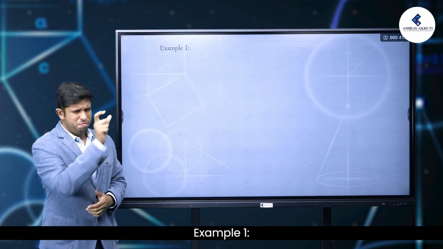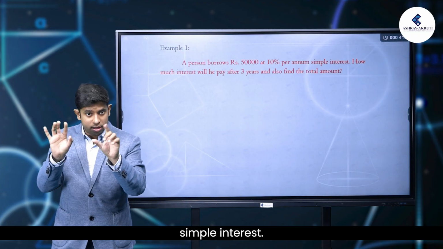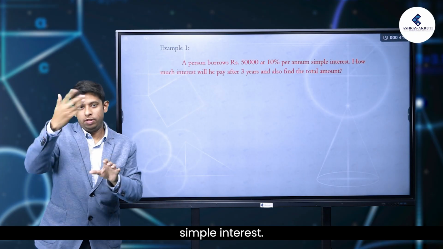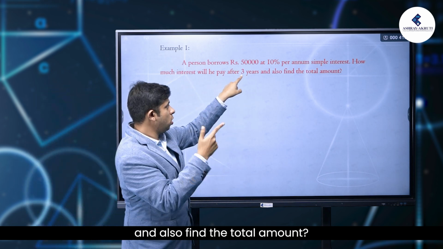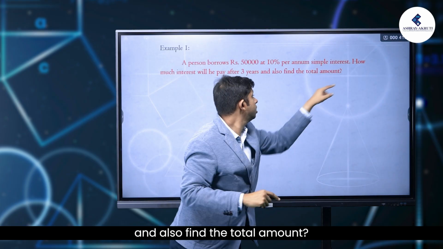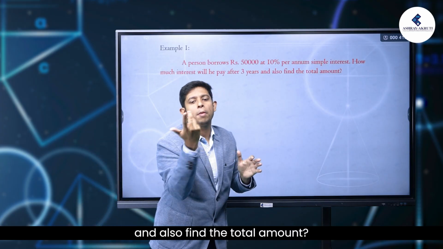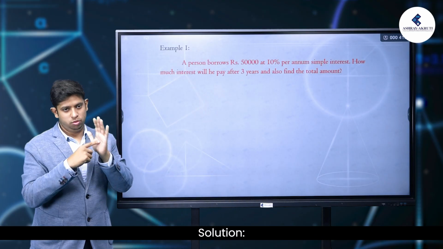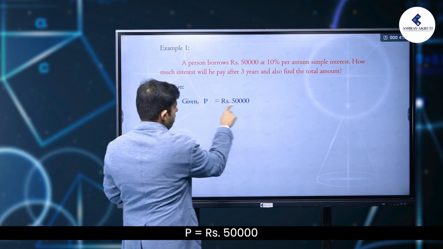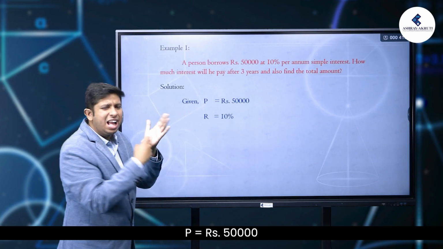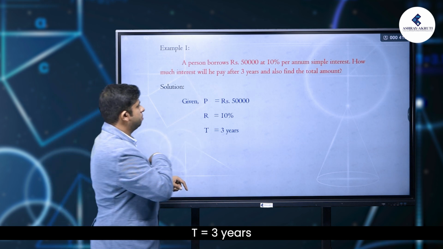Example 1. A person borrows Rs 50,000 at 10% per annum simple interest. How much interest will he pay after 3 years, and also find the total amount? Solution. Given: P equals Rs 50,000, R equals 10%, T equals 3 years.